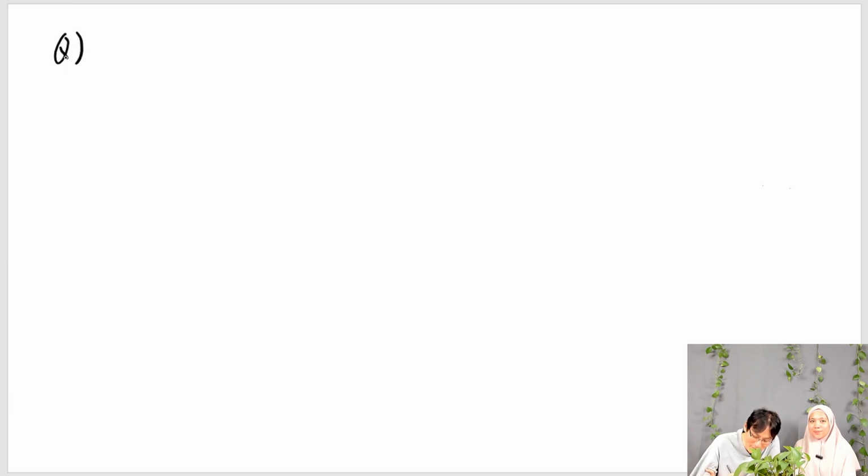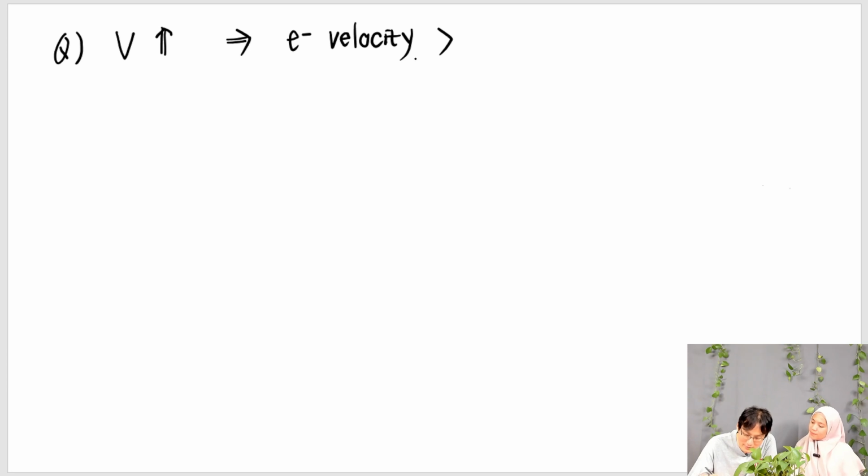Voltage increase and then velocity of the electron can exceed that of the light.